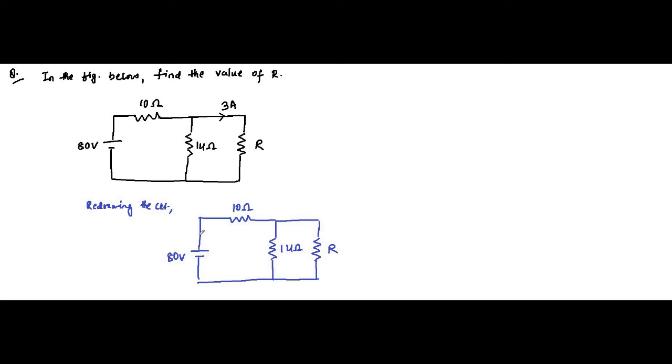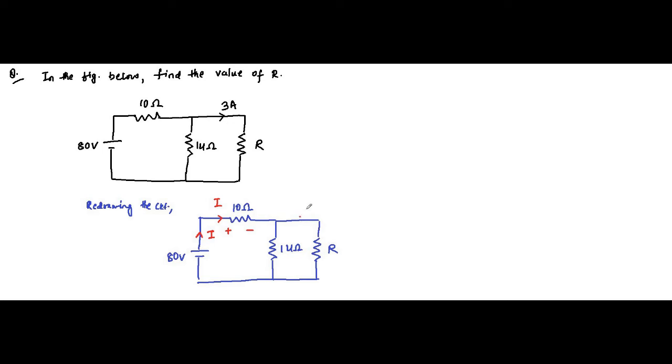Let's say the current flowing here is I. The same current flows through the 10 ohm resistor with polarity plus minus.